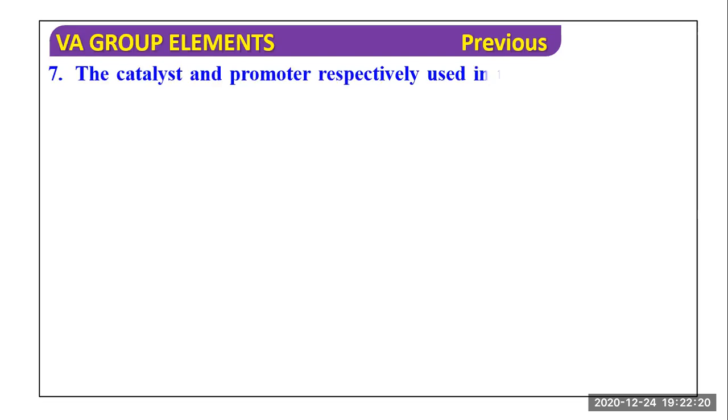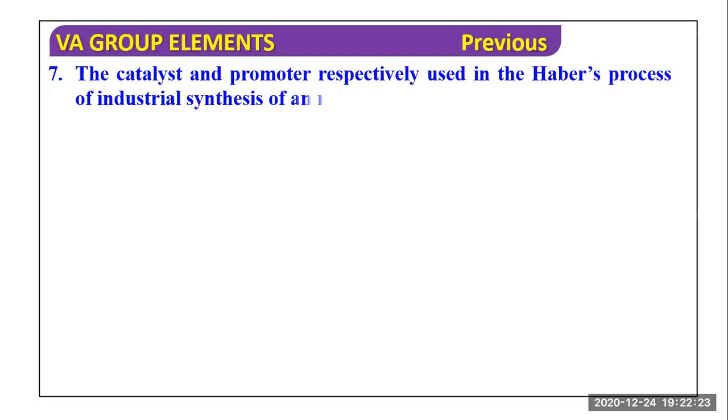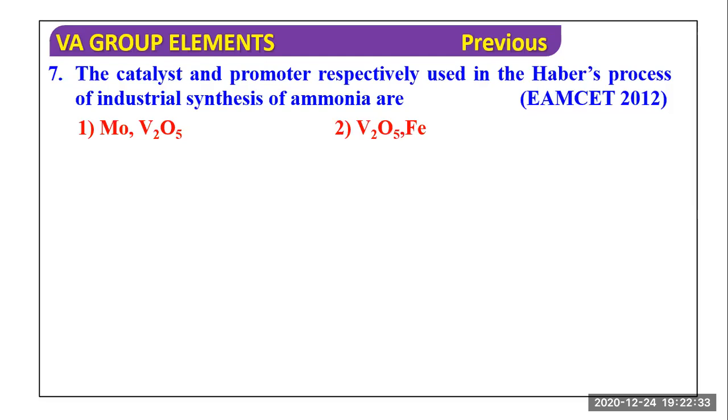Question number 7 here. The catalyst and promoter respectively used in the Haber process of industrial synthesis of ammonia are, you already know it. Very important, know it.